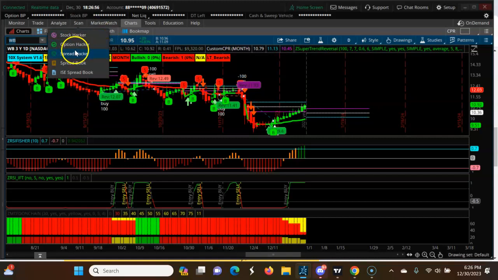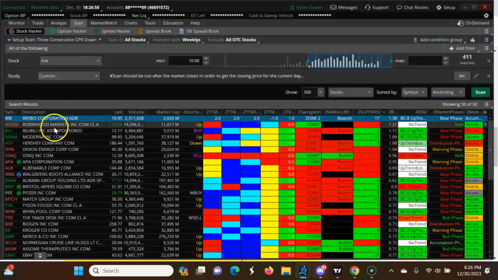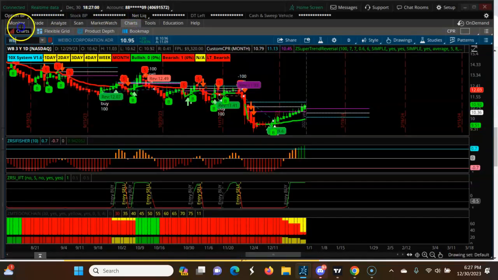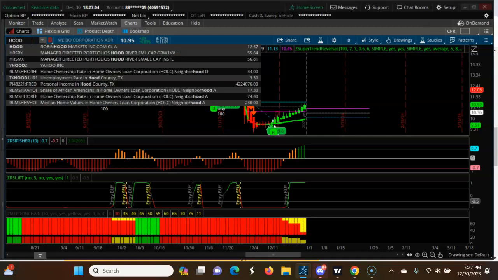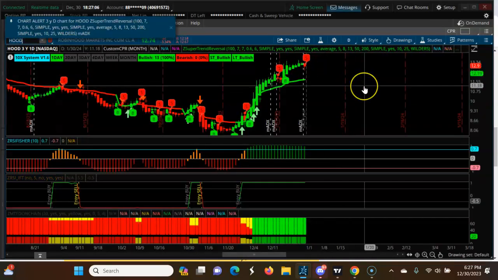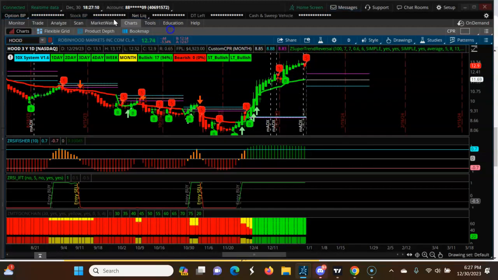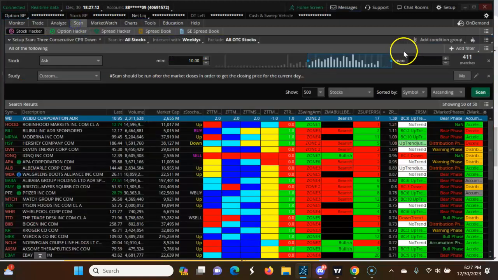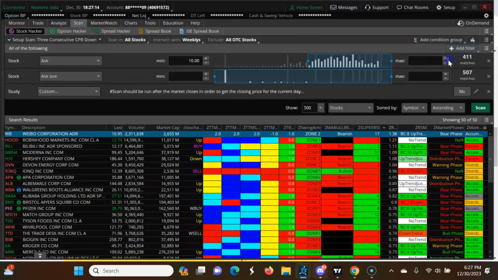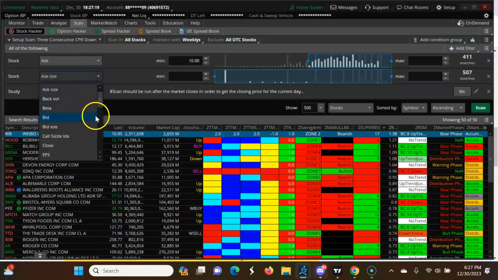Okay. Now HOD. Okay, just not the right setup. Okay, scan. Let me add a filter. This stock, I want to add put sizzle.